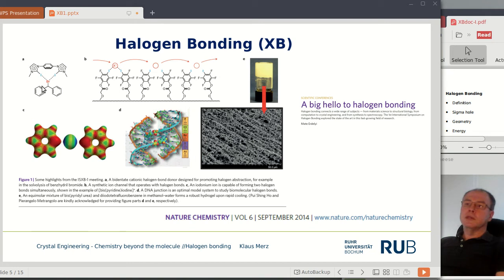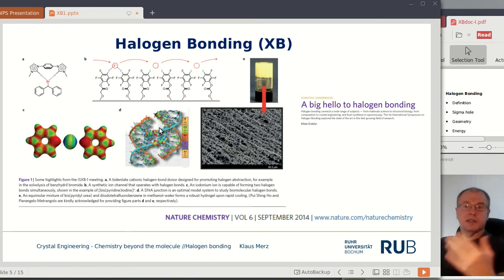Very often you see interactions of, for example, nitrogen and halogen. Here very nicely you can see applications, the charge jumping from one molecule to the other, and you can see how you can use it, for example, in biochemistry applications.